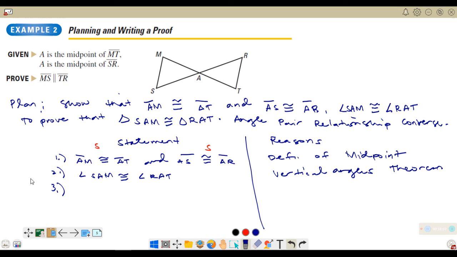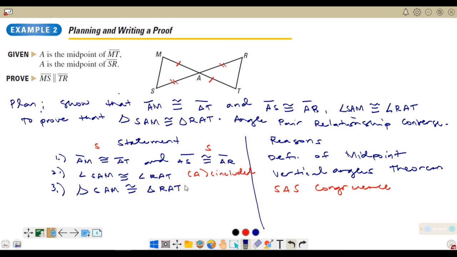Next, we have, ito ay isang angle. Yan. Meron tayong side, angle, side. So, ito pala ay included. So, we have SAS congruence for the reason kung bakit ang triangle SAM is congruent to triangle RAT.